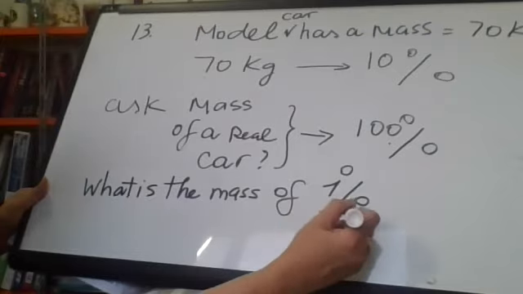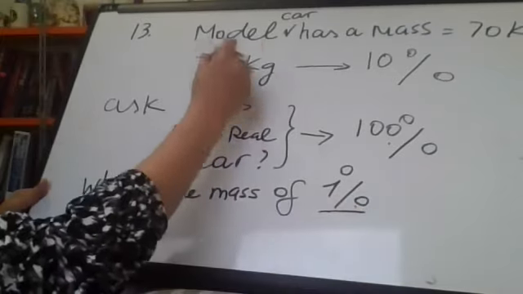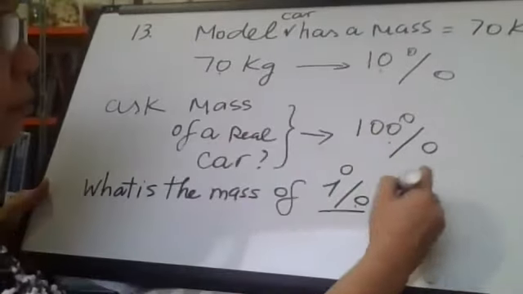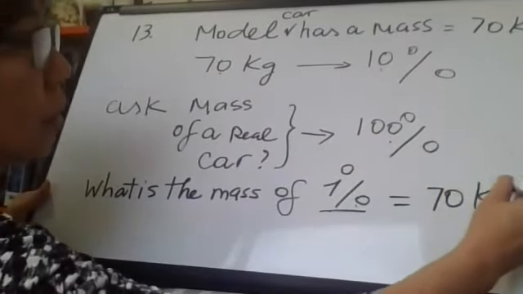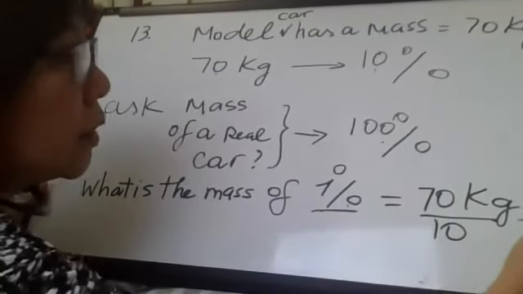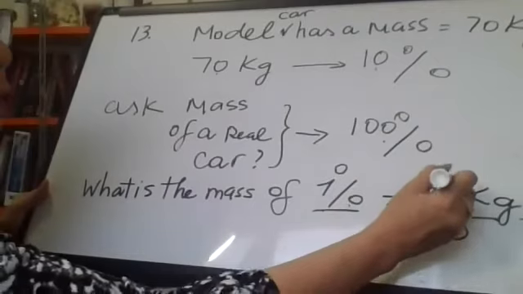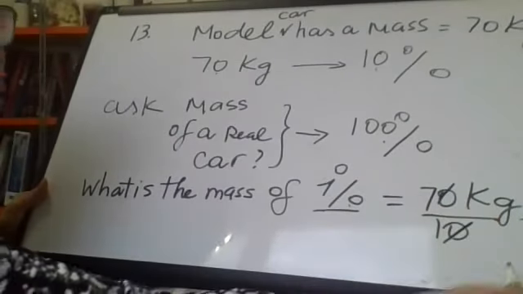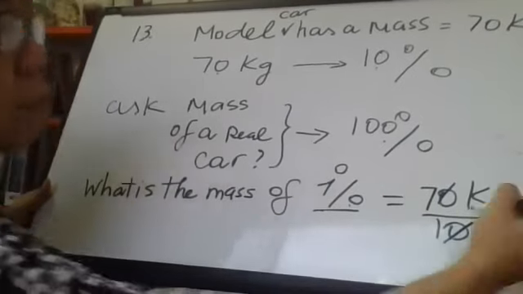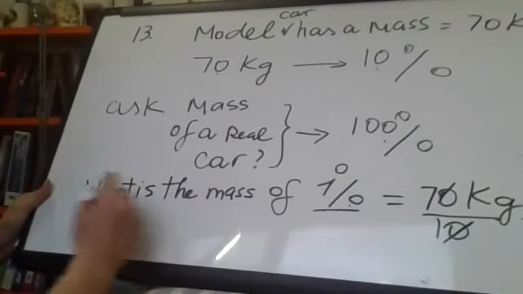So to find the mass of 1%, all you do is divide 70 kilograms by 10. Cancel 0, cancel 0. That gives you 7 kilograms. So the mass of 1% is 7 kilograms.